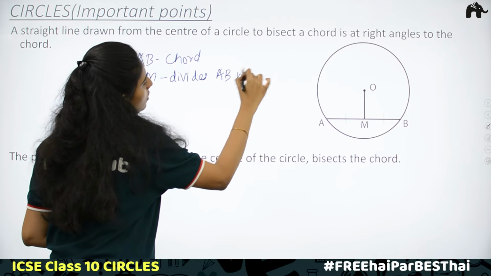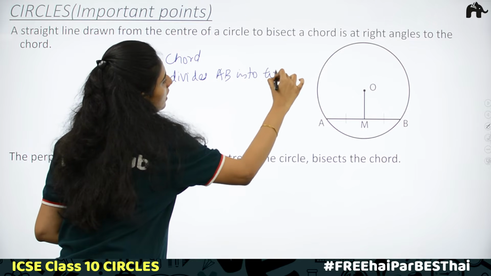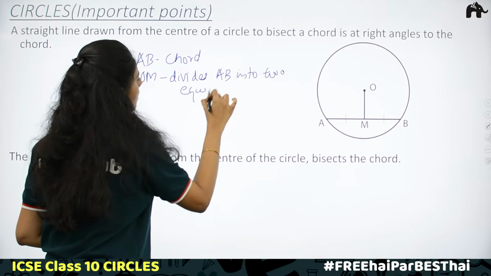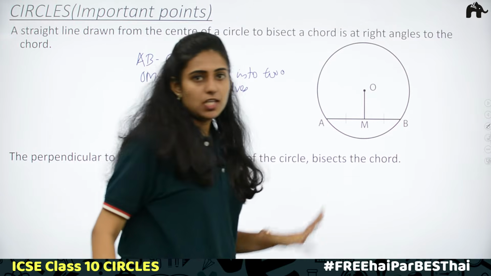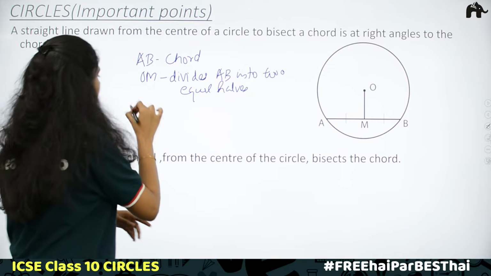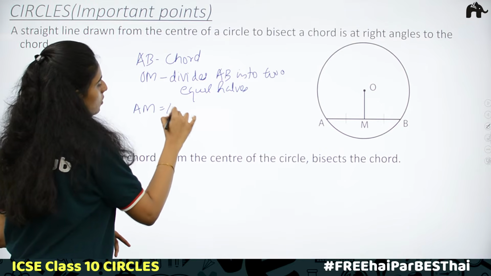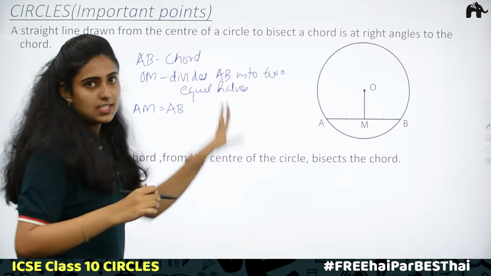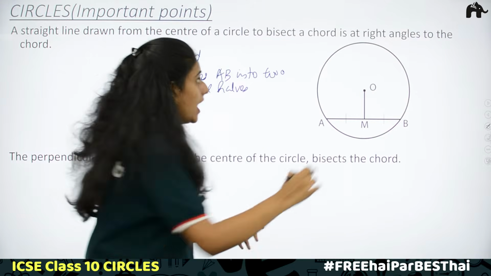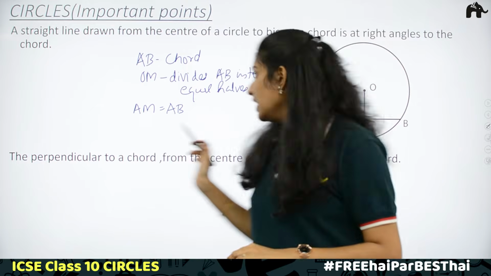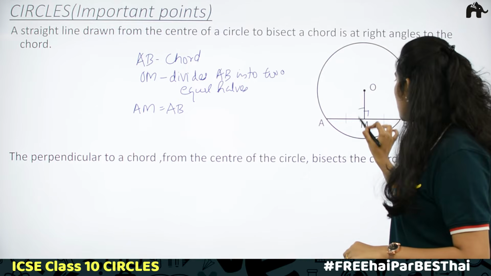OM divides AB into 2 equal halves, which means AM will be equal to MB. So, according to this statement, if a line bisects a chord, then it will be at right angles. This angle will be a right angle.